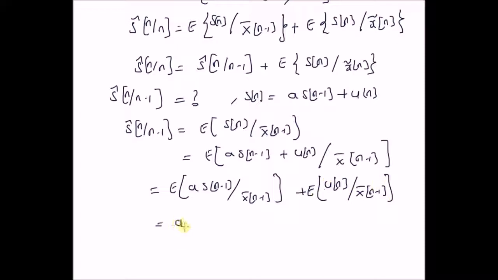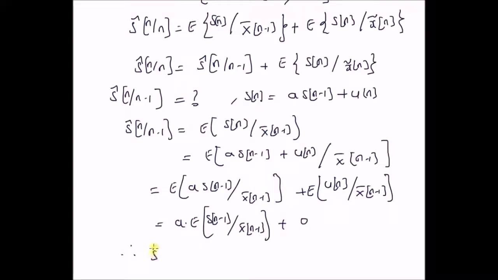This is equal to a times expectation of s of n minus 1 given the observations up to n minus 1. And the other term is obviously 0, because expectation of u of n given x bar of n minus 1 is equal to expectation of u of n. Since u of n is clearly independent of the previous observations, this expectation is equal to 0.